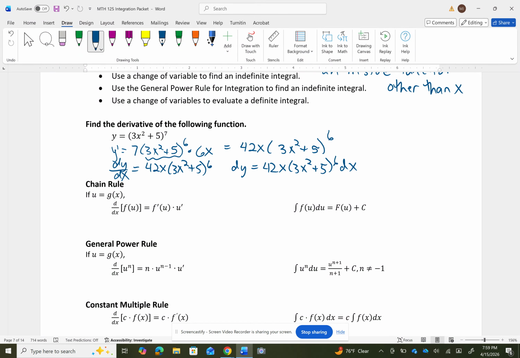What we're doing in this section is integrating things like this and trying to figure out that this would have come from a function like that. We're going to have to undo that and understand where it came from. So we're building towards being able to do that type of thing.